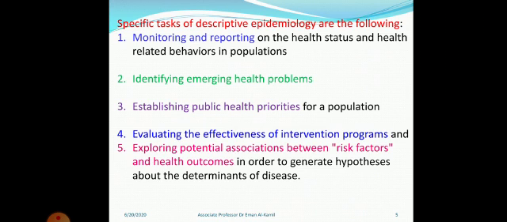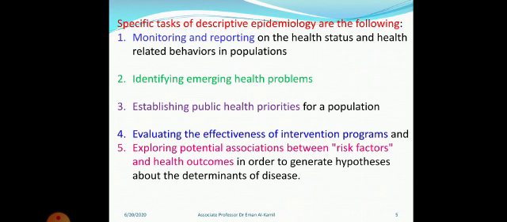Also evaluating the effectiveness of intervention programs. For example, the evaluation of different health services or health programs by calculating different coverage rates. For example, for vaccination, we see how many individuals have been vaccinated, especially children, against infectious diseases by calculating the coverage rate. So it is regarded as one of the evaluating measures for the health services.